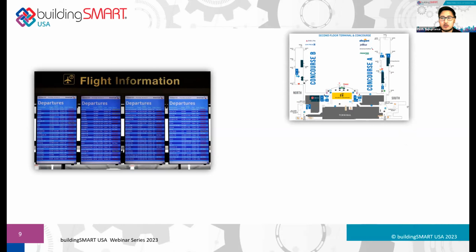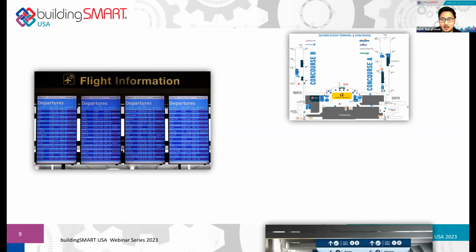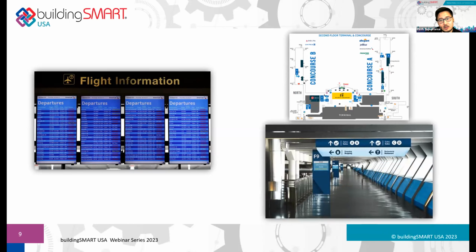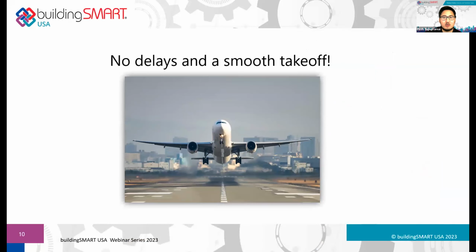We know where those restaurants or restrooms are. And some of you might be like me where you get paranoid. I just always go to my gate first and check that it's there and that the flight information on that gate screen matches my flight information. And all of that is so that we have no delays and a smooth takeoff.